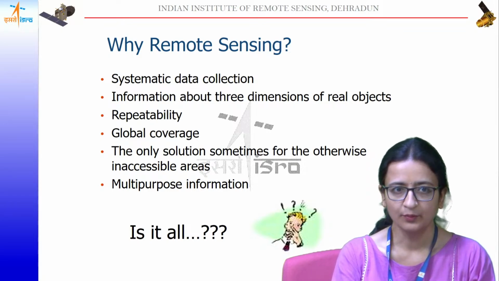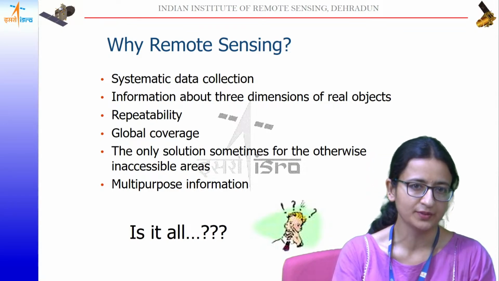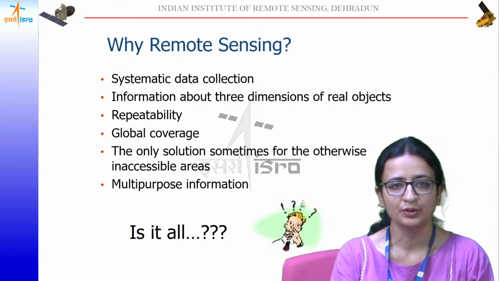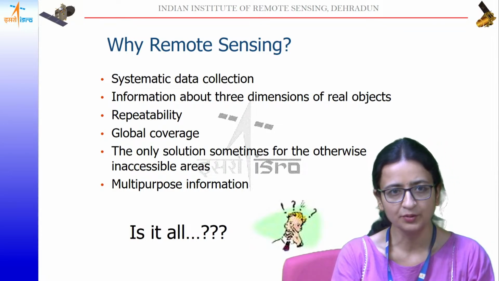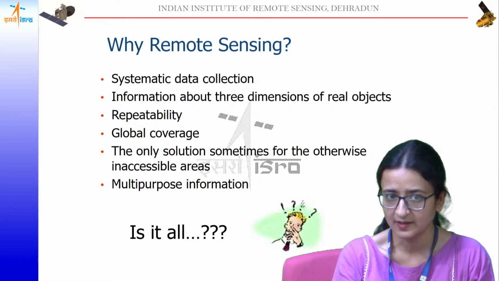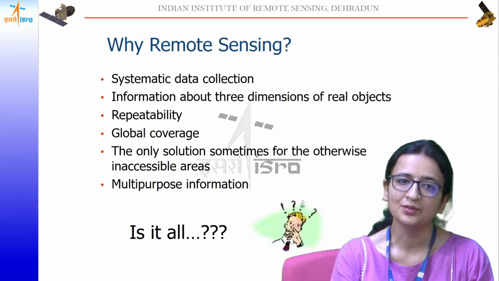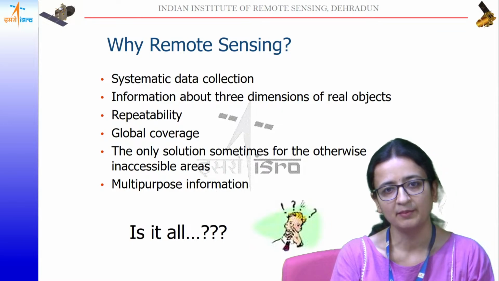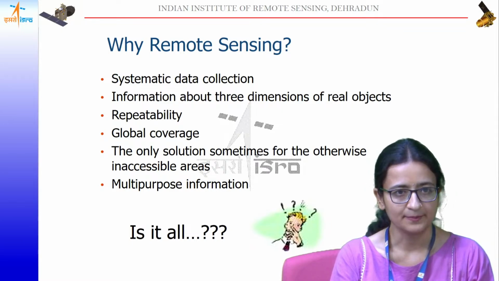The second very important advantage of remote sensing is that it enables three-dimensional information of real objects. All of us are using Google Earth these days, and you can see the data coming from stereo satellites is giving us spectacular pictures of the three dimensions of real objects.